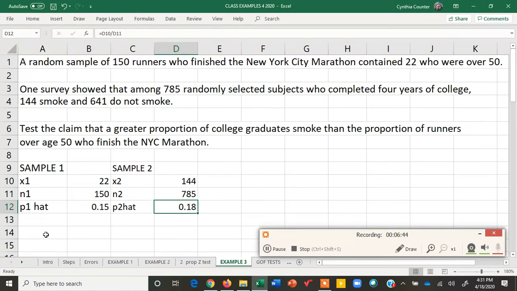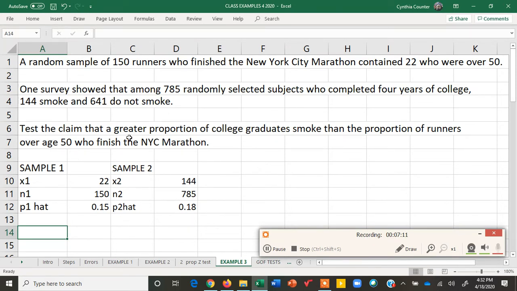So the question is, is that difference between them likely simply due to random sampling error, or is this difference large enough that it was unlikely to have occurred because of random sampling error, and therefore our assumption that P1 minus P2 is 0 is incorrect?